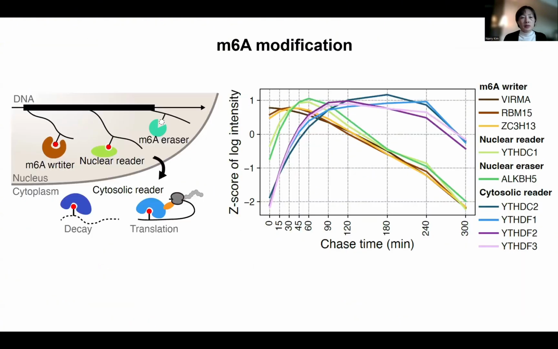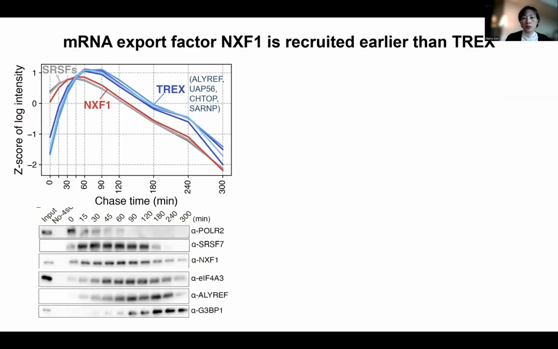So you can also look at a particular pathway if you're interested in, such as m6A writers, readers, and erasers, and cytoplasmic readers. So they follow the dynamics that are known so far.